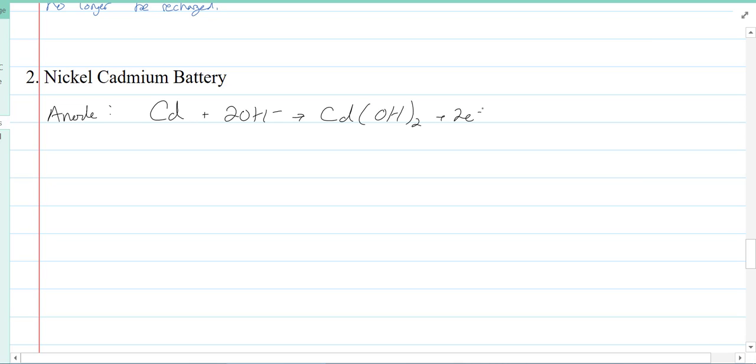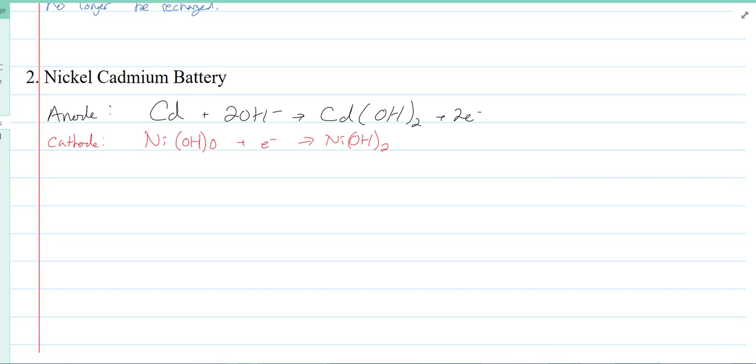All right. Cathode is NiO(OH) plus an electron going to Ni(OH)2.